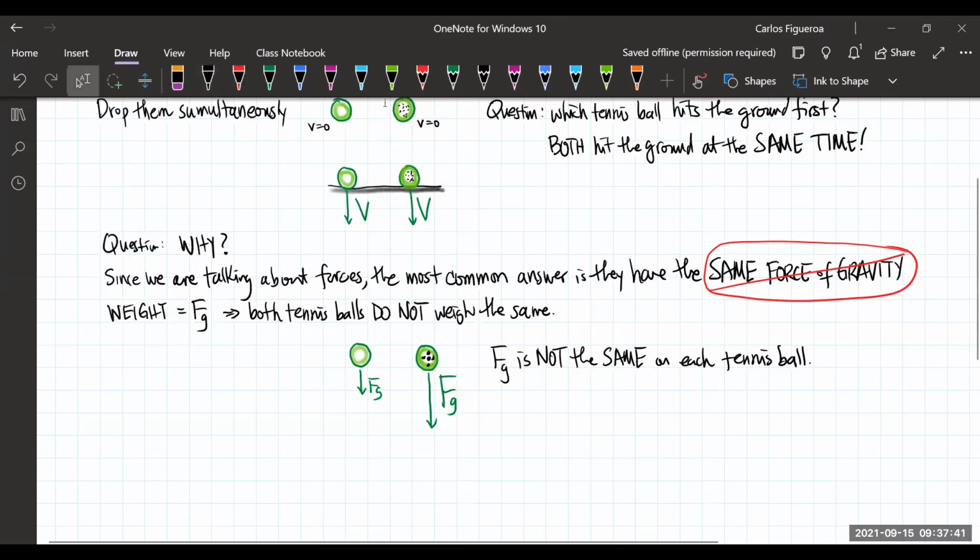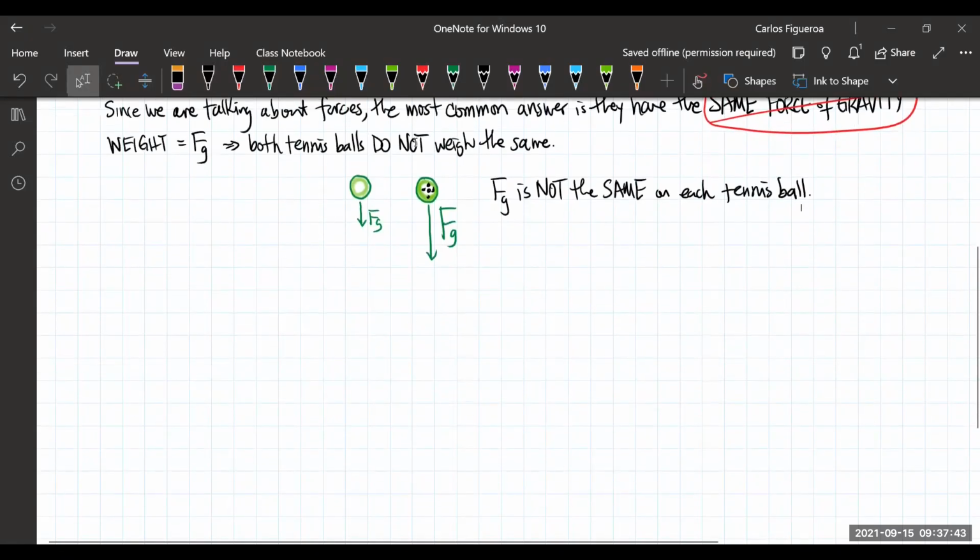To understand the question why, we have to talk about Newton's second law. Newton's second law is the one that explains what's going on. So let's go do that.